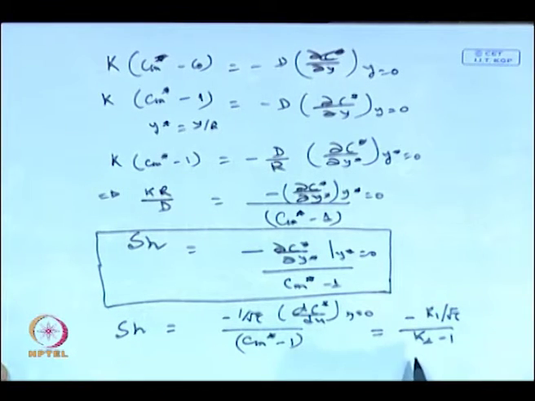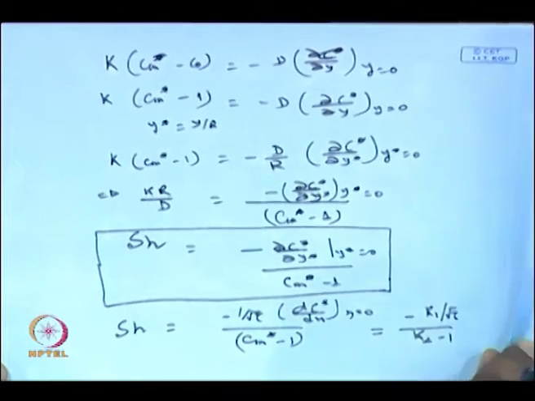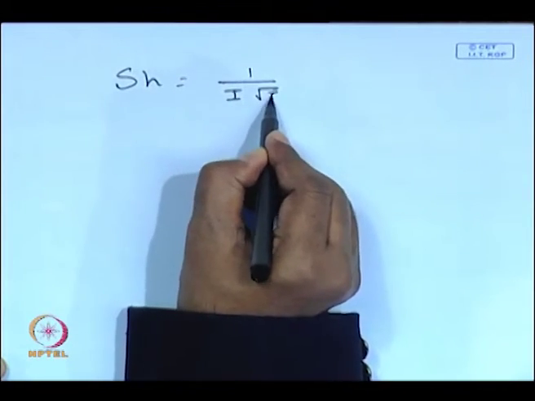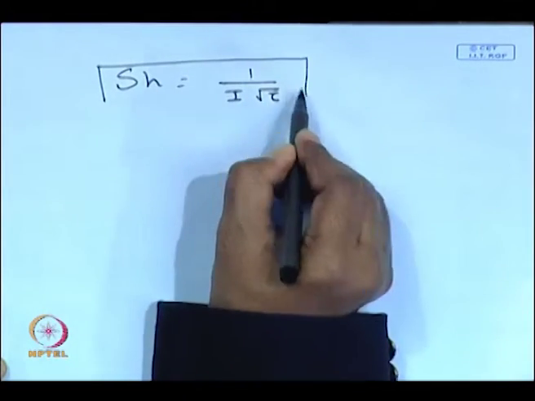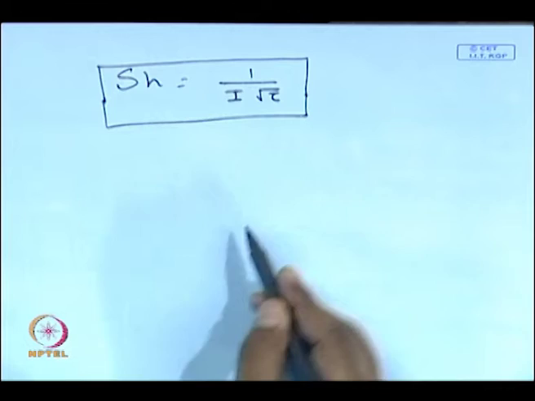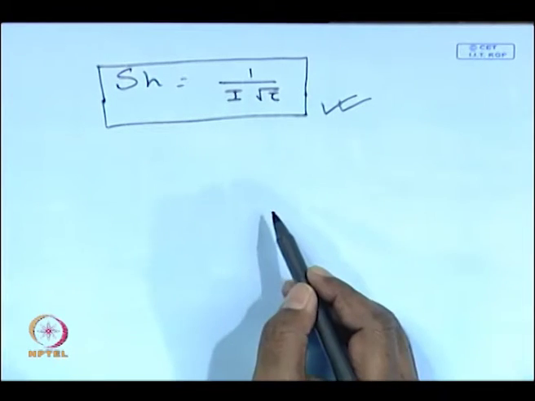Now, you put the expression of k1 and k2, because you have evaluated the k1 and k2 in terms of a, r and I, and substitute there and see what you get. What you will be getting is that Sherwood is nothing but 1 over I times root over tau. So, this is the expression you will be getting at the end of it.